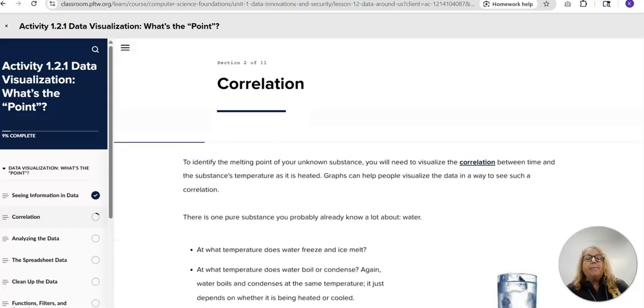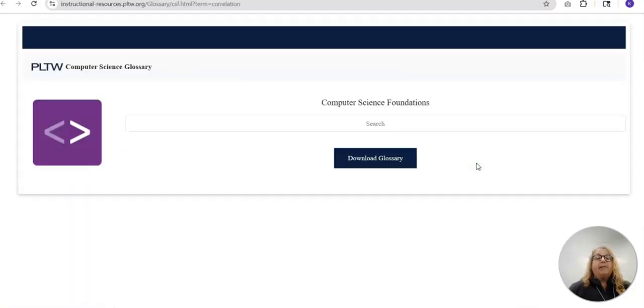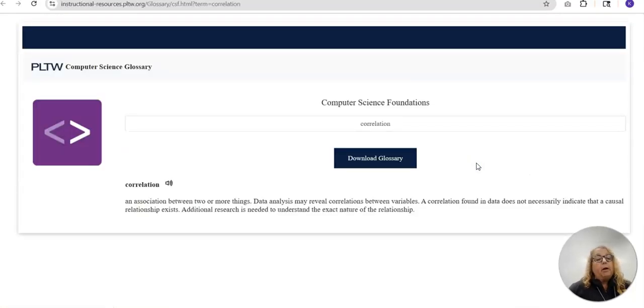Okay, to identify the melting point of your unknown substance, you will need to visualize the correlation between time and the substance's temperature as it's heated. A graph can help people visualize the data in a way to see such a correlation. By the way, in case you don't know for sure what correlation is, it's kind of like the relationship between the two, an association between two or more things.